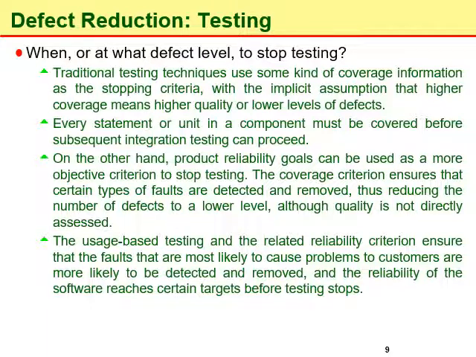It is also important to determine when, or at what defect level, one needs to stop testing. In fact, most of the traditional testing techniques and testing subphases use some kind of coverage information as the stopping criteria, with the implicit assumption that higher coverage means higher quality or a lower level of defects.